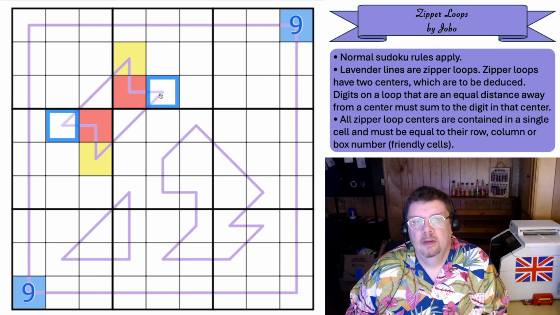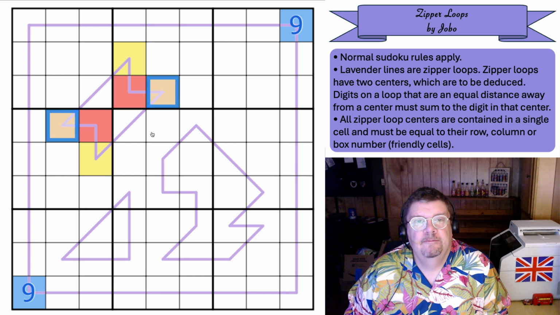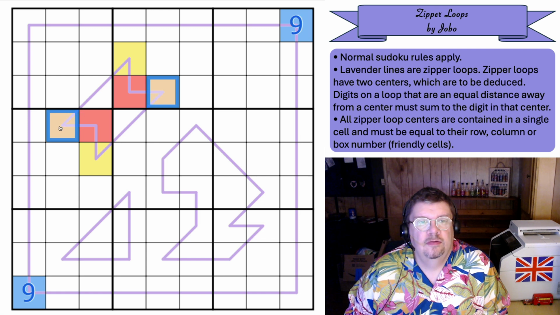Okay. Let's have a look at this possibility. This is row 3, box 2, column 5. This is 2, 3, or 4. So this would have to be, this is 2, 4, and 4.